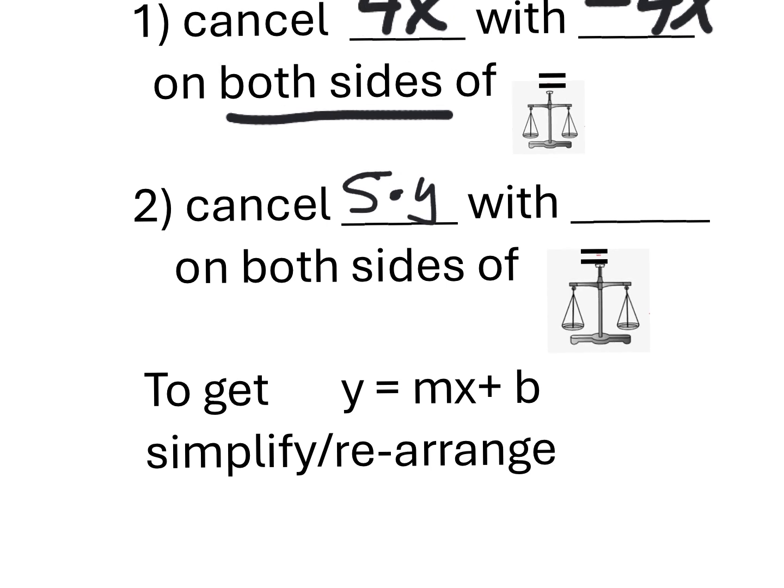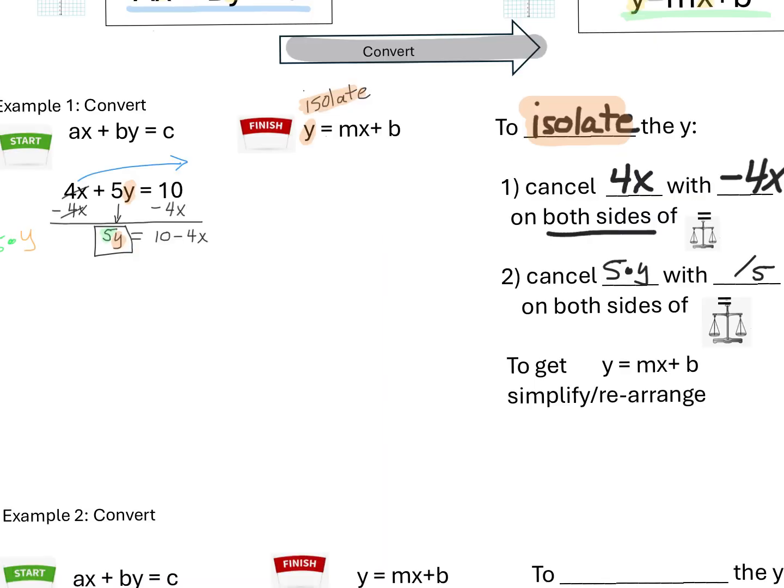So 5 times y, the inverse or the opposite of multiplication is division. So we are going to divide by 5, in order to cancel out multiplying by 5.